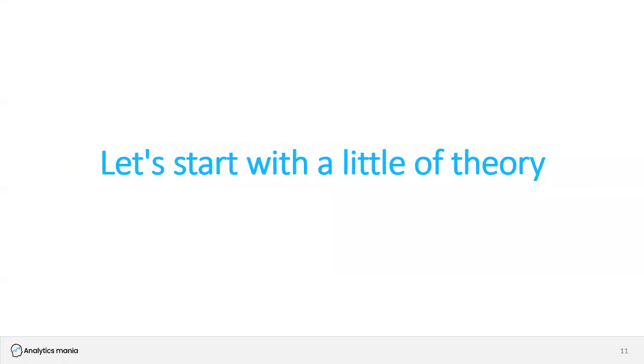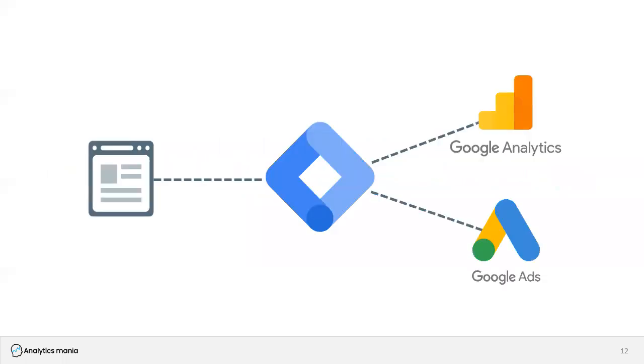If you need a refresher, here it is. By now, you should know that Google Tag Manager works as a middleman between the website and your analytics or marketing tools. So when you install Google Tag Manager, then you can configure certain tags, and then they send the data about the user, about the page to Google Analytics, Google Ads, Facebook Pixel, or some other tools.